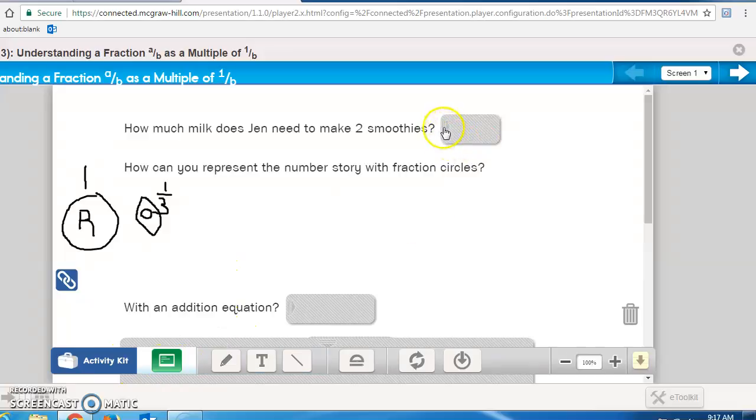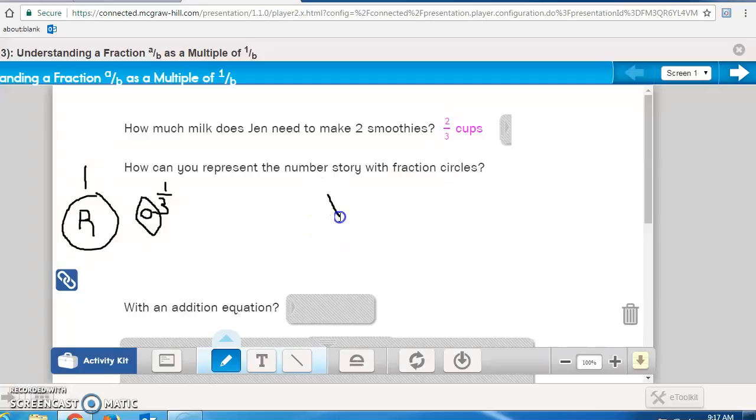You should have noticed that it takes 2/3 of a cup. How could you represent this story with fraction circle pieces? Well, you would have taken the third plus the third, and sorry I didn't make those quite perfect, and that will equal 2/3.